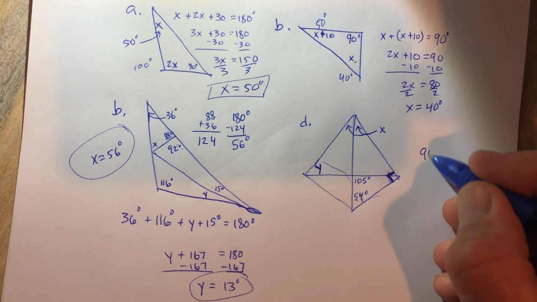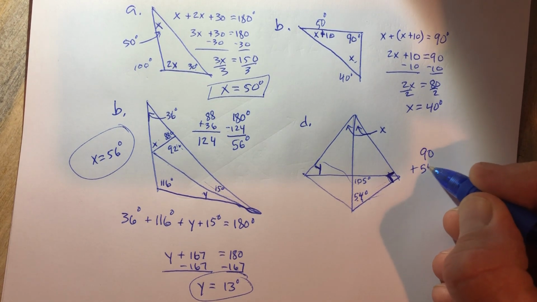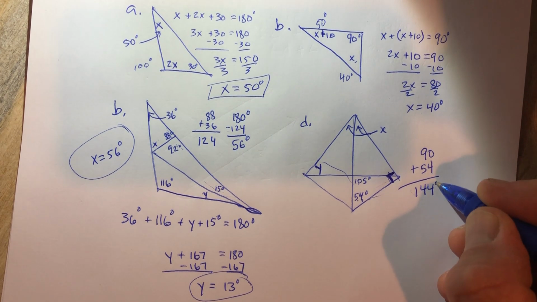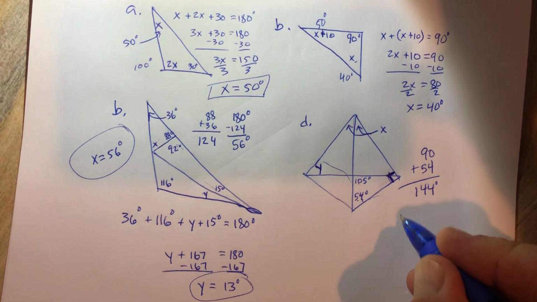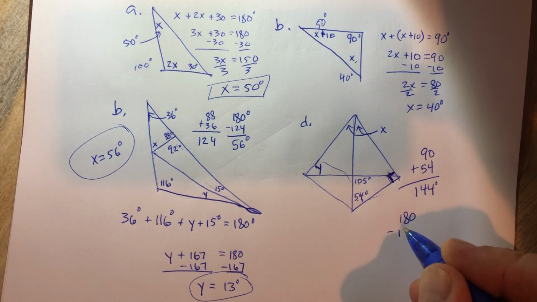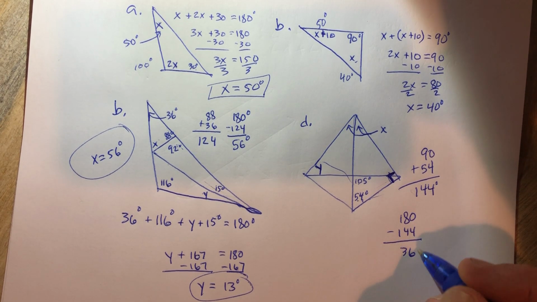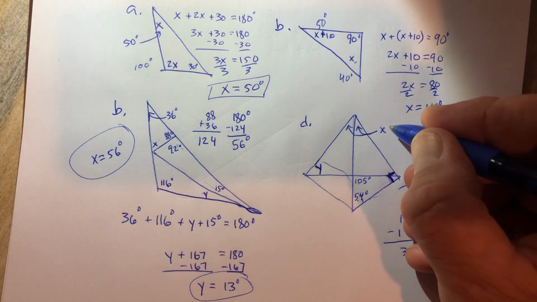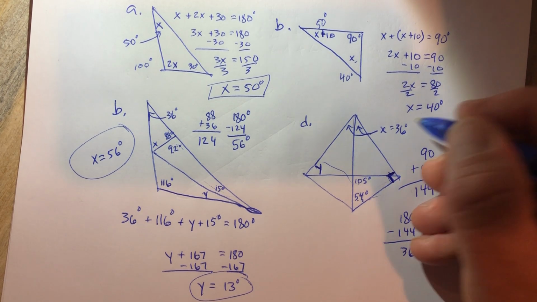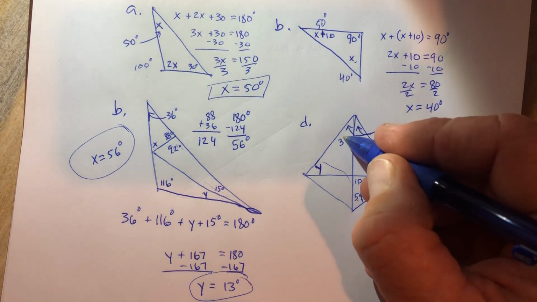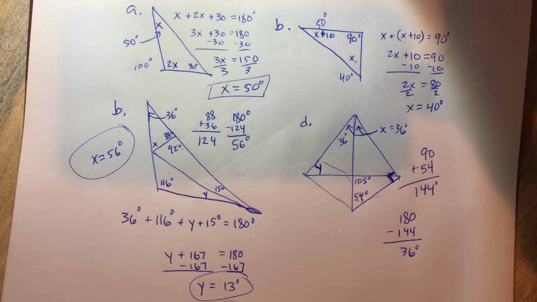So 90 plus 54 is 144 degrees. Subtract that from 180, and I will get 36 degrees. So I now know that x equals 36 degrees, which means that this one is also 36 degrees over here. And I'm about ready to go figure everything else out.